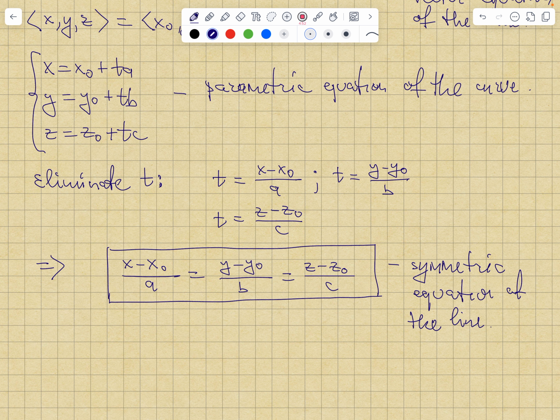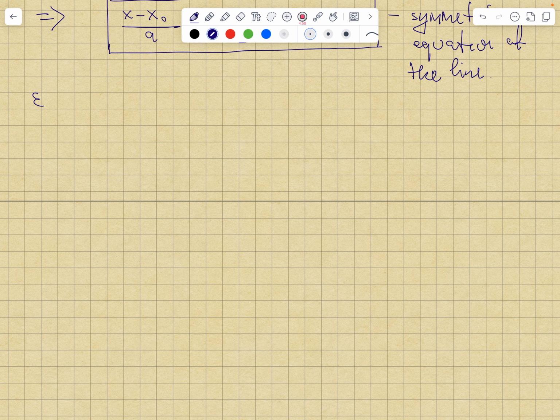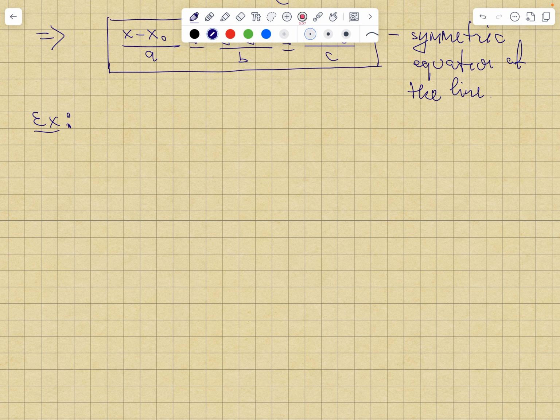So we have these three options to define a line. Examples. Let's say I have two points: (-1, 1, 1) and (2, 3, 0).